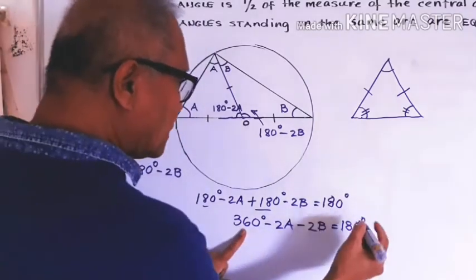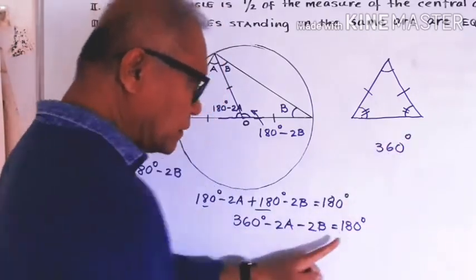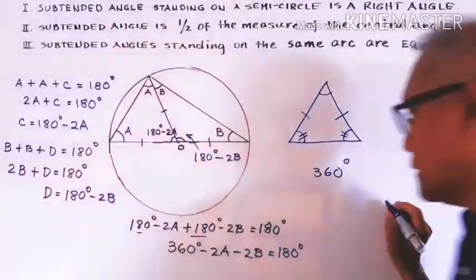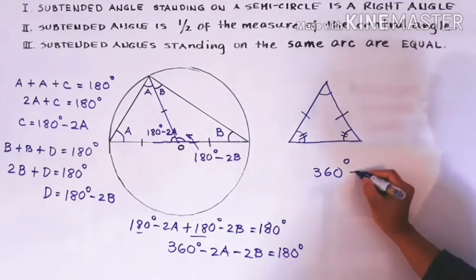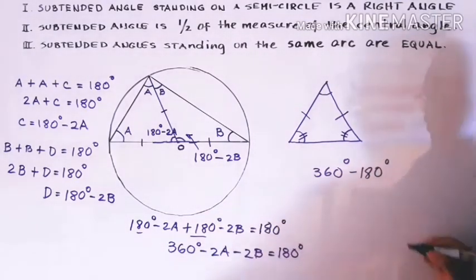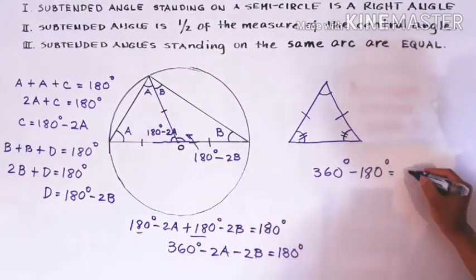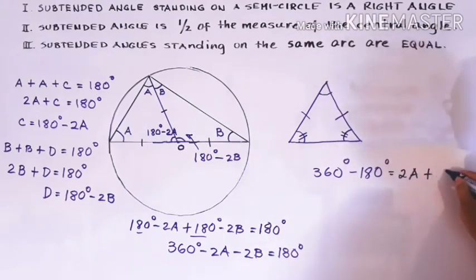We have 360 degrees, and we transpose 180, minus 180 degrees is equal to positive 2A plus 2B.